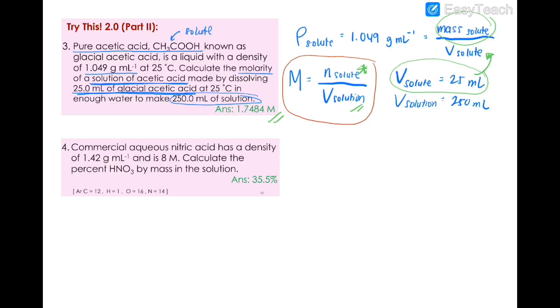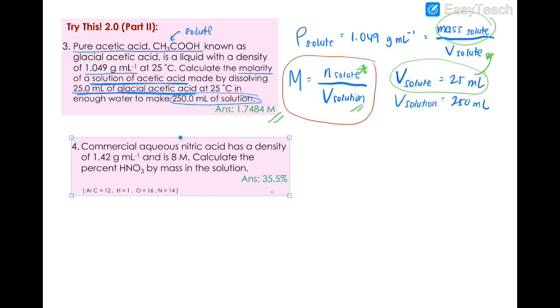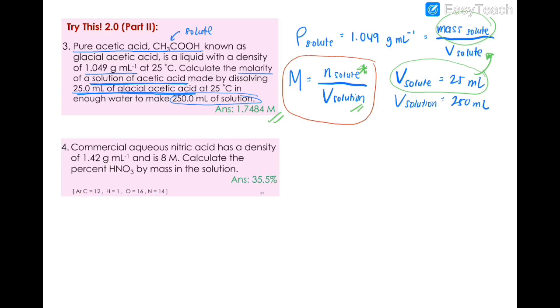So, given to you, commercial aqueous nitric acid has a density of 1.42 gram per milliliter. Given to you that, for question 4, the commercial aqueous nitric acid has a density of 1.42 gram per milliliter and it is 8 molar.